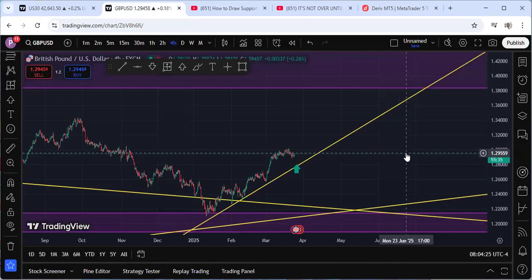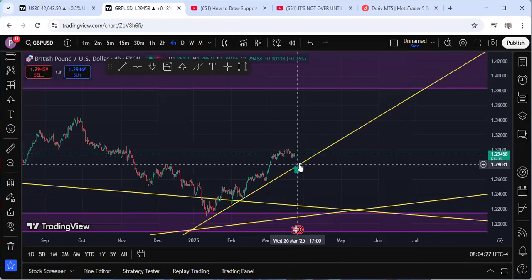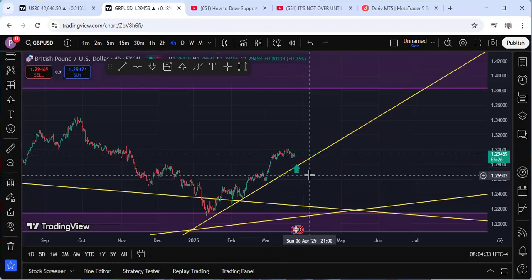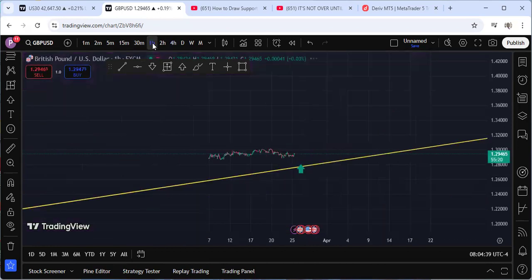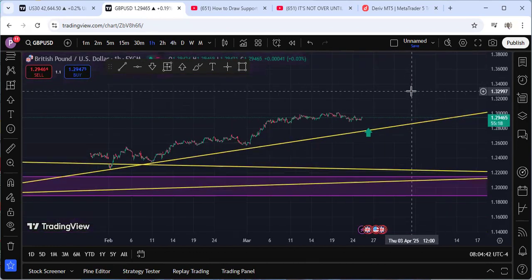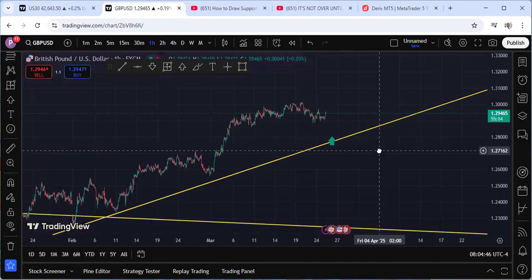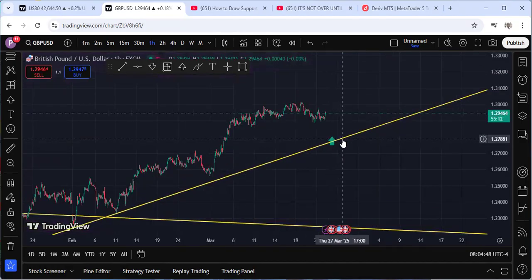To avoid a fake touch, because there may be a fake breakout, with the market breaking out through this level, we can go to a lower time frame. Let it come down to this level. Otherwise, we are not buying.